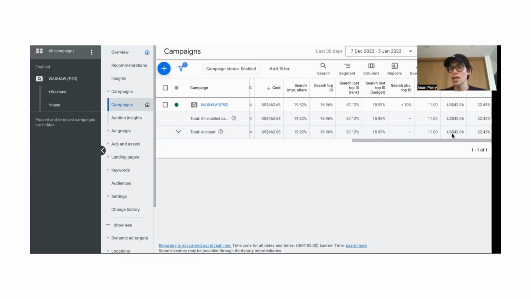What I recommend with all my Google Ads clients is to focus on the number of recurring clients that you bring into your business, because that's where the value lies, in the lifetime value of that client. So $120 to acquire one client, and let's say 50% of your new clients are recurring, so 1 in 2 are one-off jobs and 1 in 2 are recurring clients.